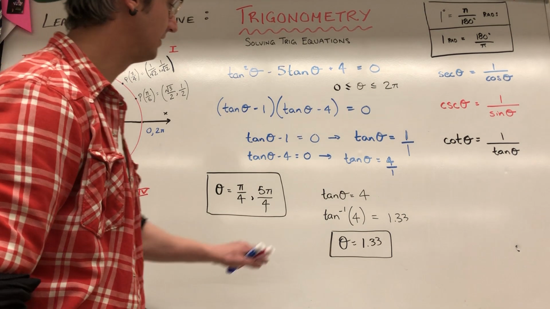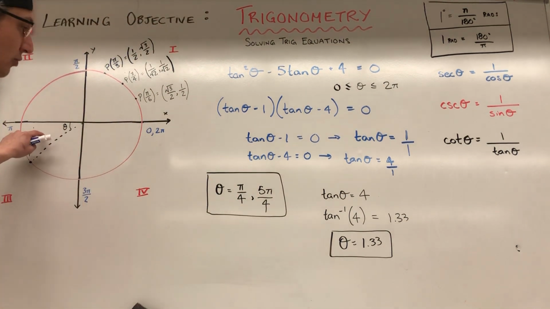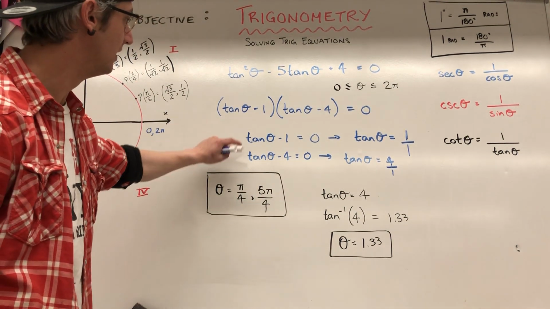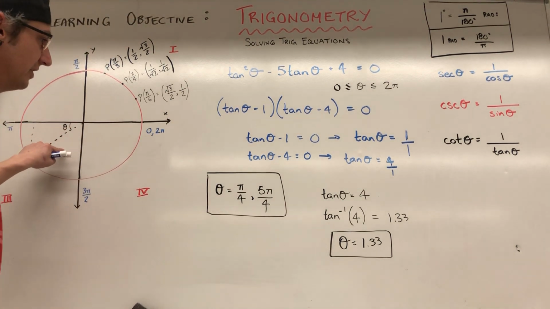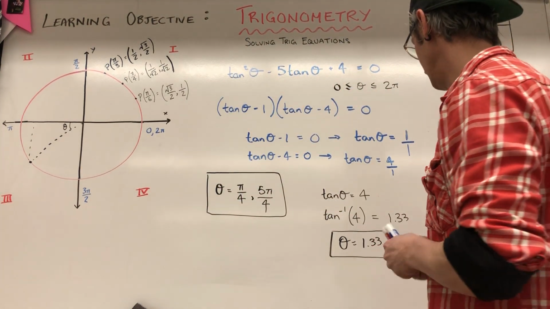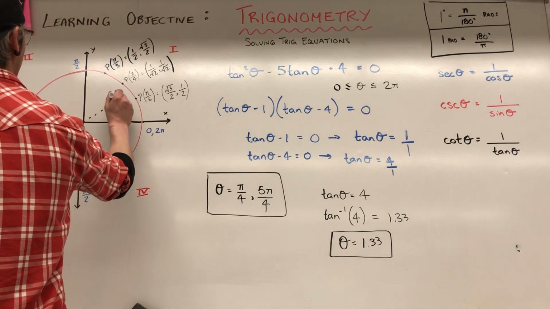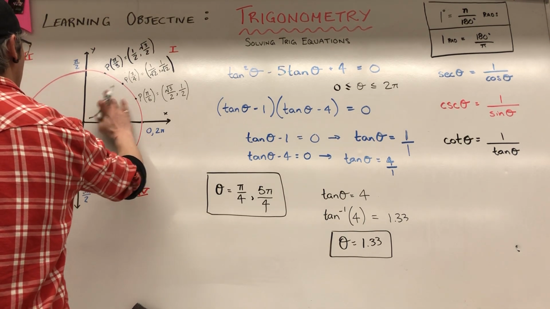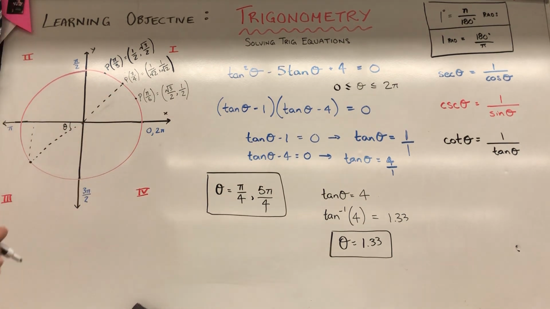So we know that if I had to be in quadrant 3 as well for this guy, then I'm going to have to do the same thing for this guy, because I'm going to get a positive tan over here as well. So basically I have to add a pi to 1.33.